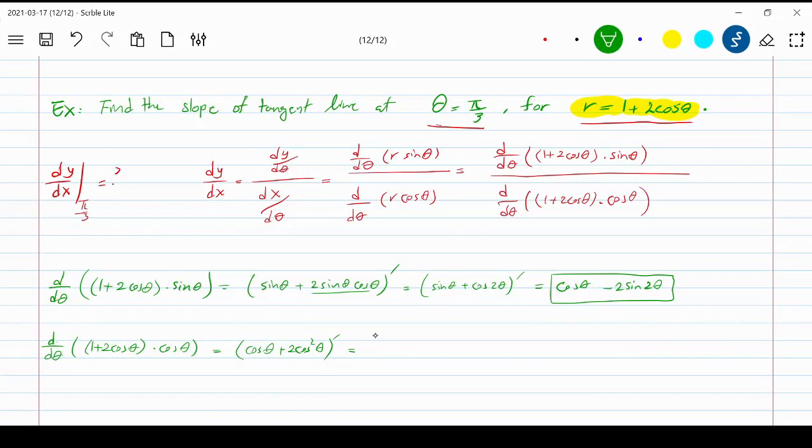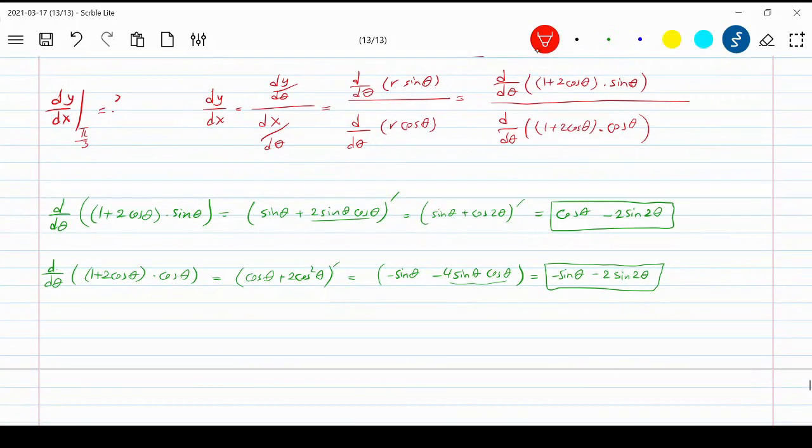The derivative of cosine is negative sine theta, plus the derivative of 2 cosine squared is minus 4 sine theta cosine theta, which is the same as negative sine theta minus 2 sine 2 theta. So we found the derivative for both numerator and denominator. This is the denominator derivative.